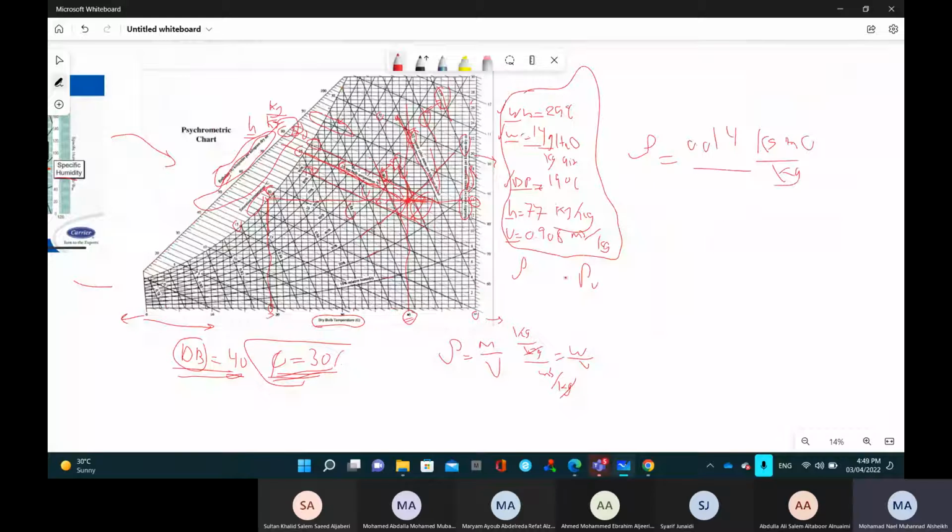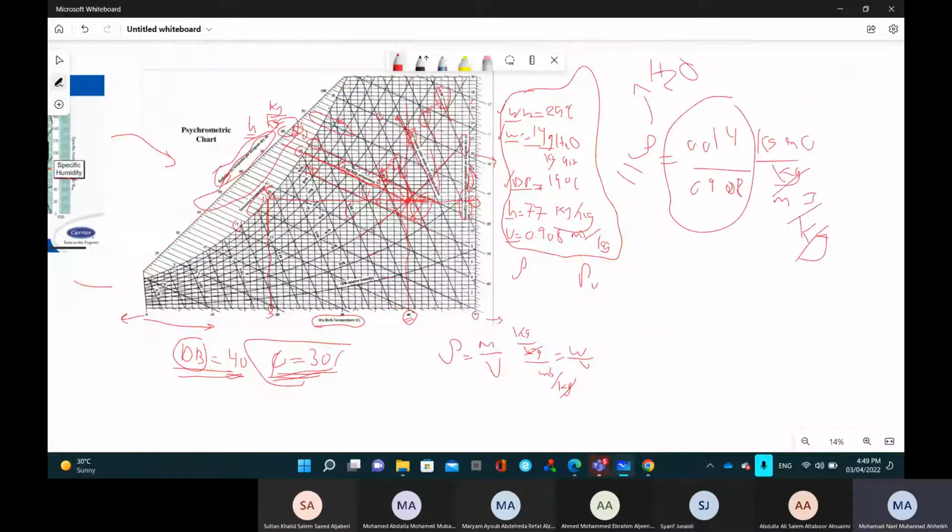This will be divided by the specific volume, the 0.90 meter cube per kilogram. So cancelling out kilogram of air with kilogram of air, dividing these two, we will get the density of the vapor, the H2O.